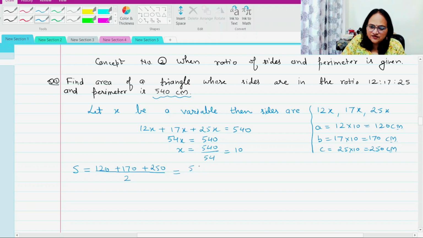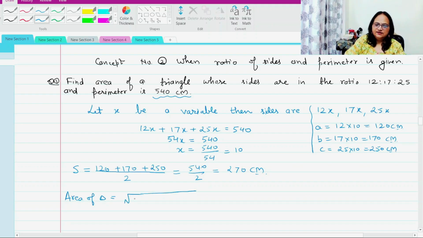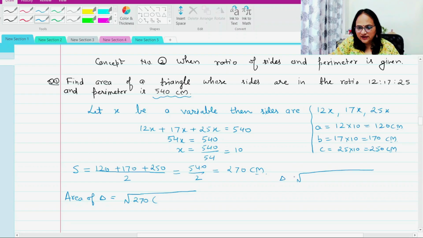Perimeter is 540, so divided by 2, 270 centimeter. Now area, same formula. Area of triangle will be root of s into s minus a into s minus b into s minus c, where s is 270. If someone has not seen the previous video, that is the formula for the area of the triangle.